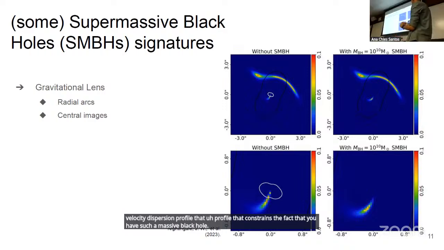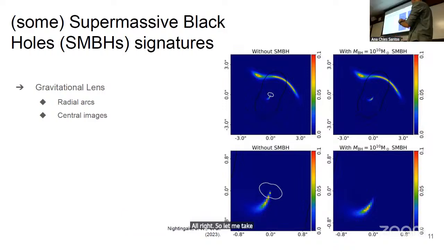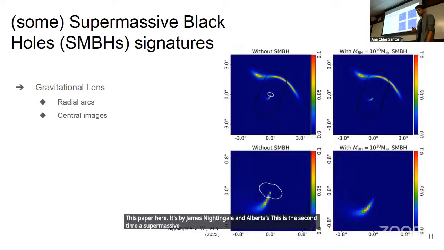All right, so let me tackle this question in two separate ways. This paper here is by James Nightingale and collaborators, 2023. This is the second time a supermassive black hole was detected using only gravitational lenses.